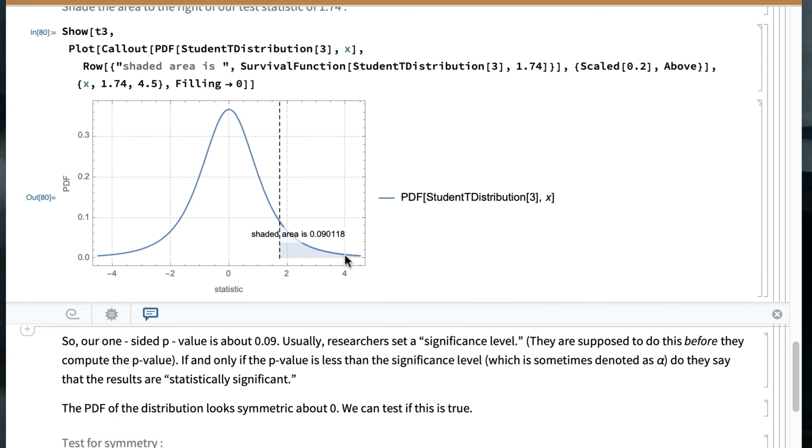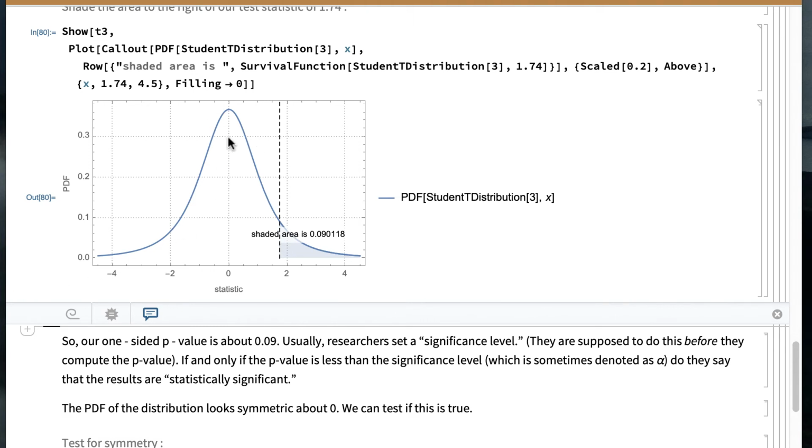And so that area is not less than a traditional significance level, usually called alpha, and a standard alpha is 0.05. And so we might say that we haven't disproven the null hypothesis if we're going to be using a one-sided p-value.